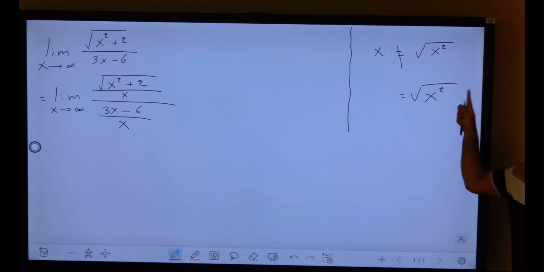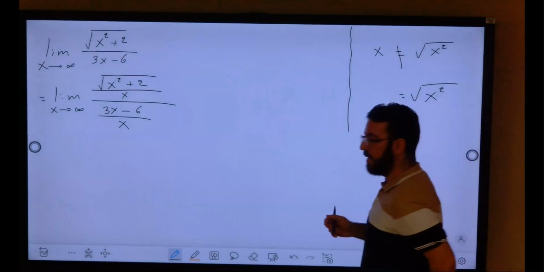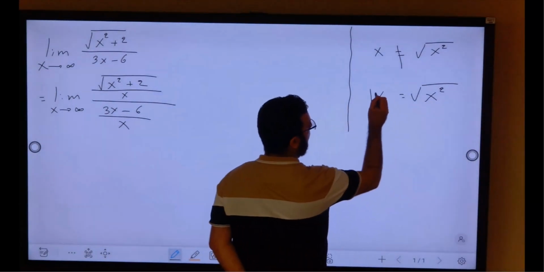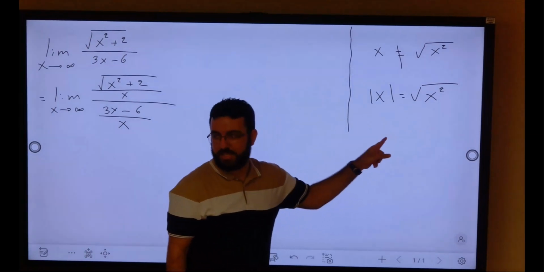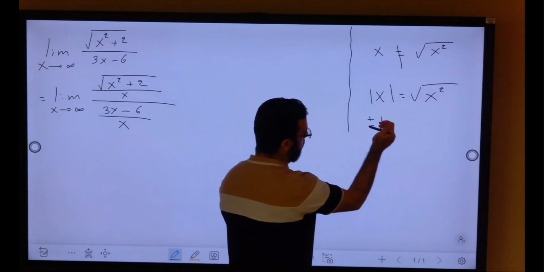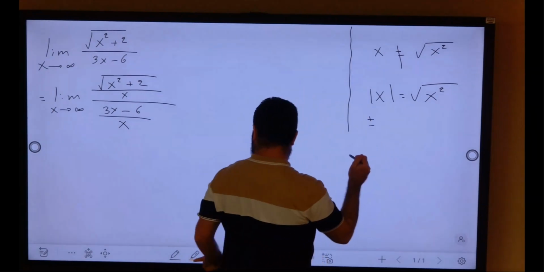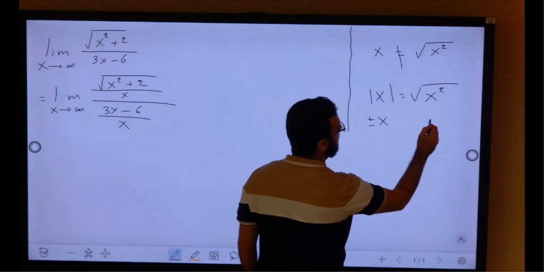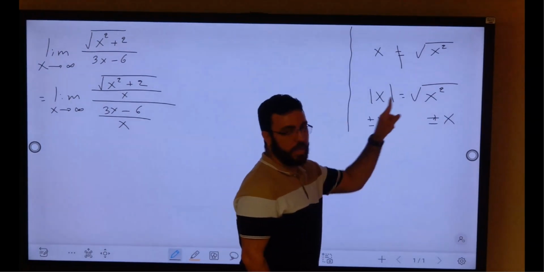So I'm not going to care about the root, but which value gives you two values, both positive and negative? The absolute value of x gives you positive or negative, not one. So these two values are equal.